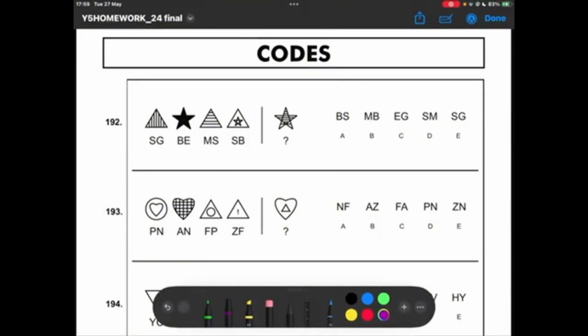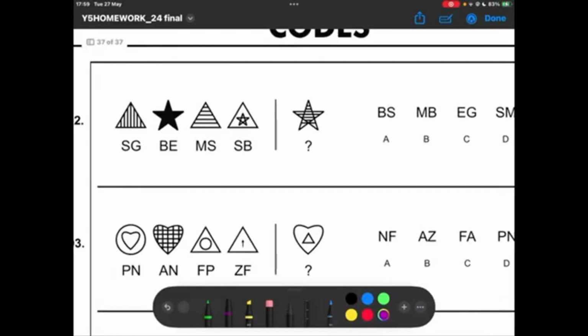That one was a bit of a weird one in my opinion, but hopefully these ones should be better. So here we've got, so as you can see, the first, third and fourth all have an S in it, but the second one doesn't. So I'm guessing the S means a triangle, so the B must mean the star.